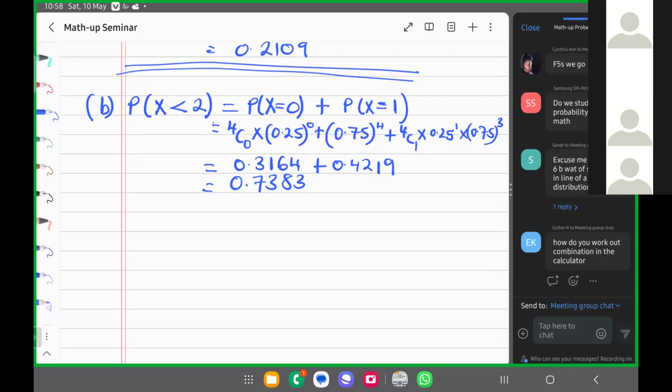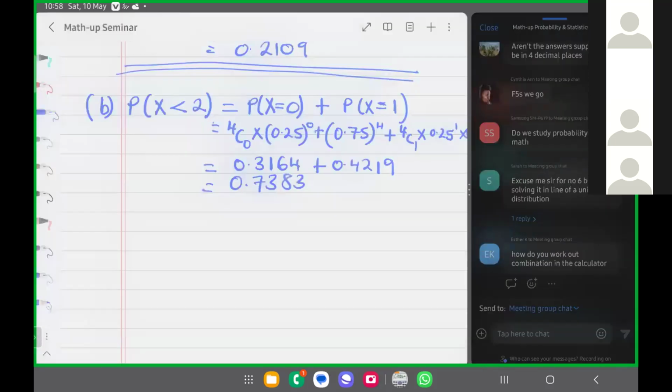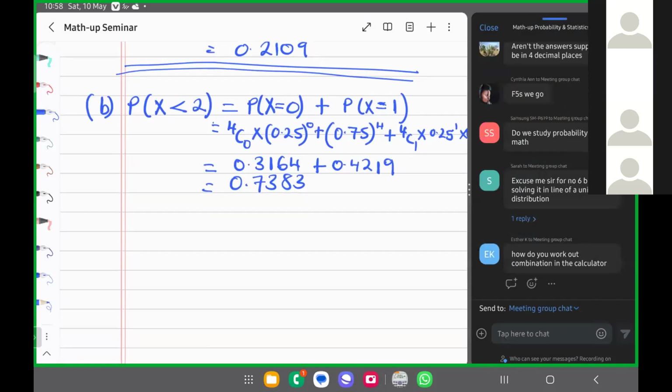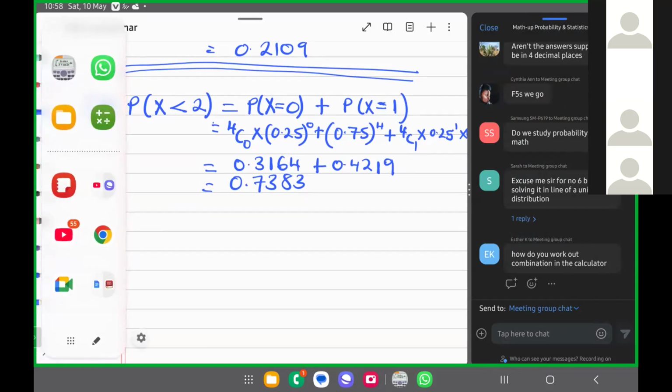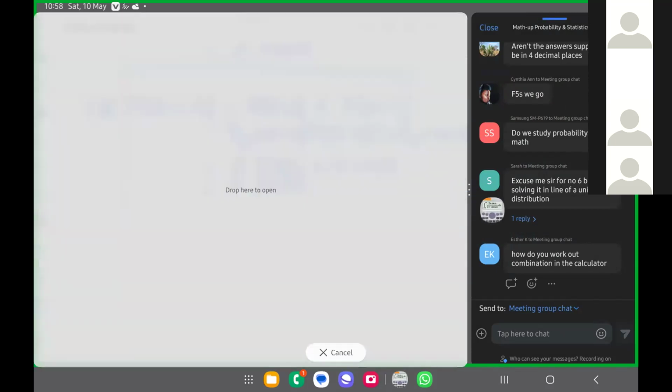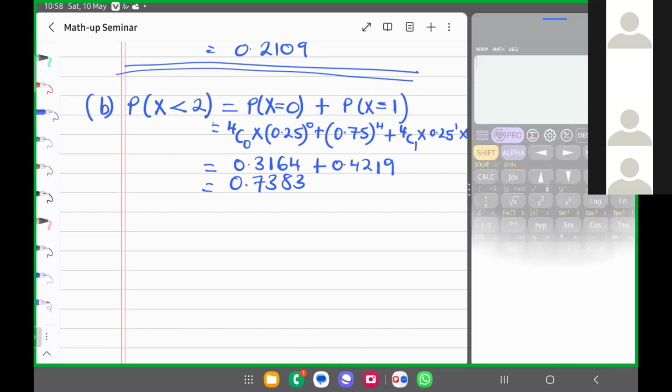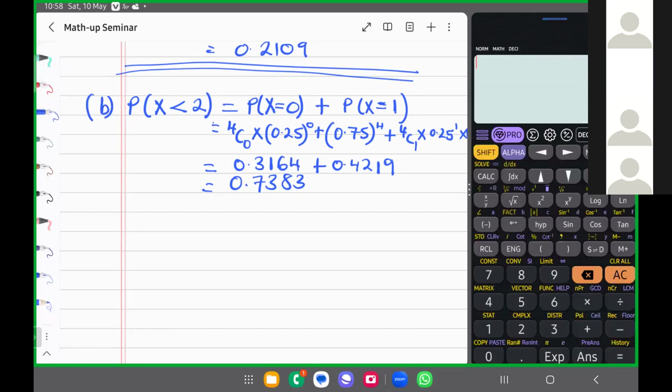Someone is asking how we work out combination in a calculator. I don't have a calculator here, but if I use my digital calculator, for example, if I'm getting 4 combination 0, I'll press 4.